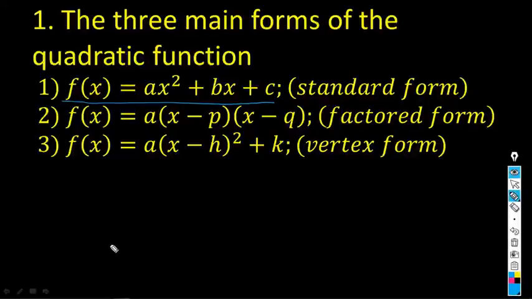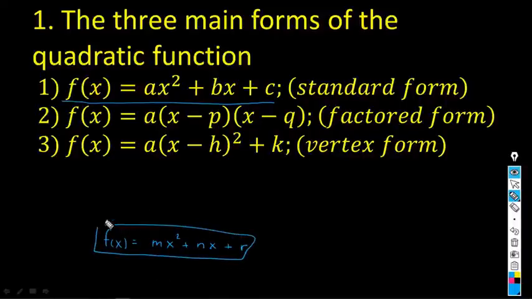If anywhere else, in any other book, you saw something like, let's say, m x squared plus n x plus r, look at this quadratic function. Look at the form it has, and all the variables, all the coefficients. This is exactly the same as this.